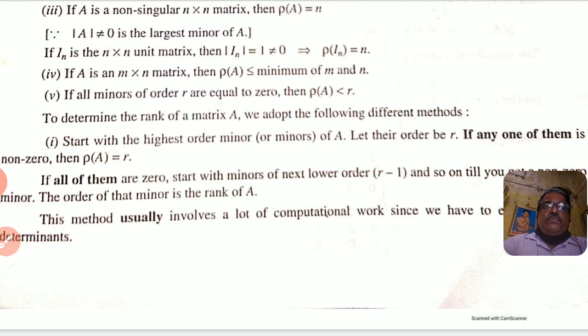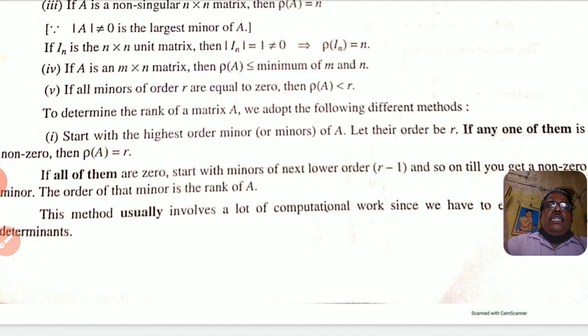In that 5 cross 6 matrix, we can get a square submatrix of maximum order 5 cross 5, right? So first find the determinant of the 5 cross 5 matrices, and then check the value.